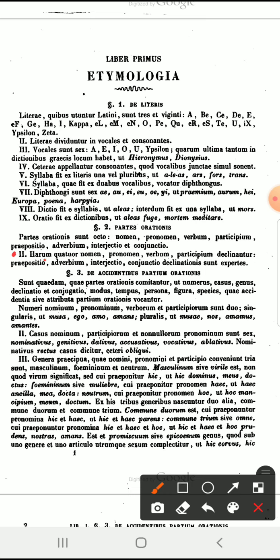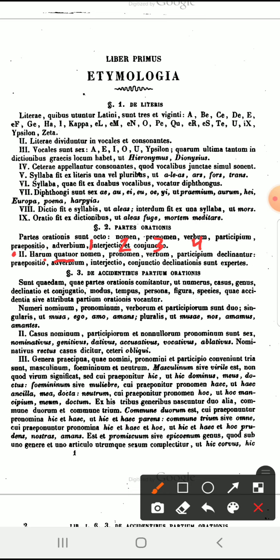Harum means of these 8 parts of speech in Rule 1. Quatuor means 4. So of these 8 parts of speech, 4. And now we're given the names of the 4. Nomen, pronomen, verbum, and participium.